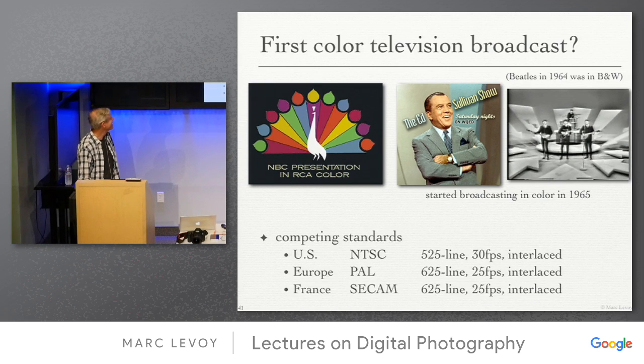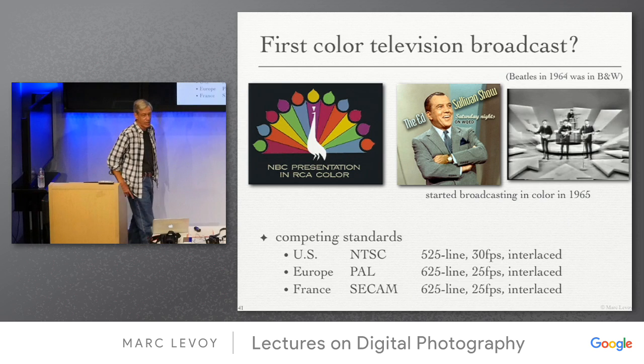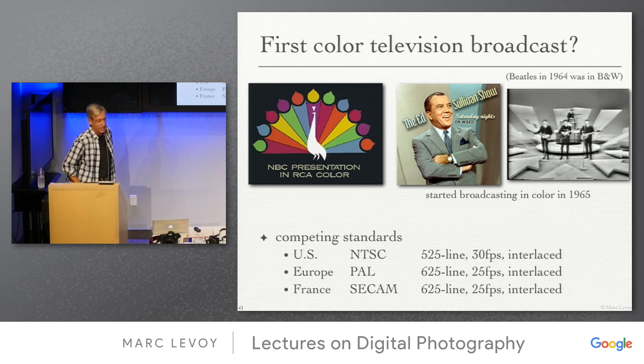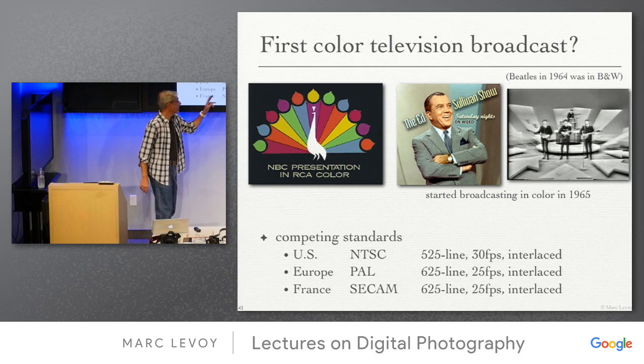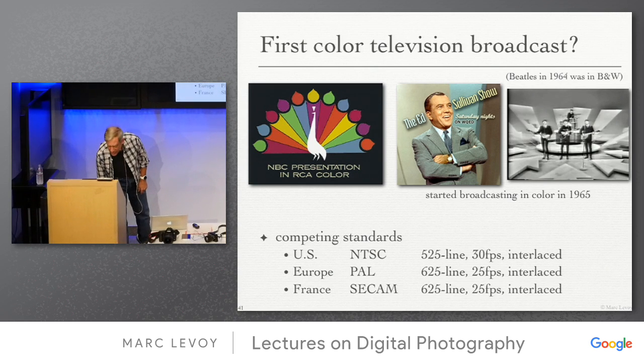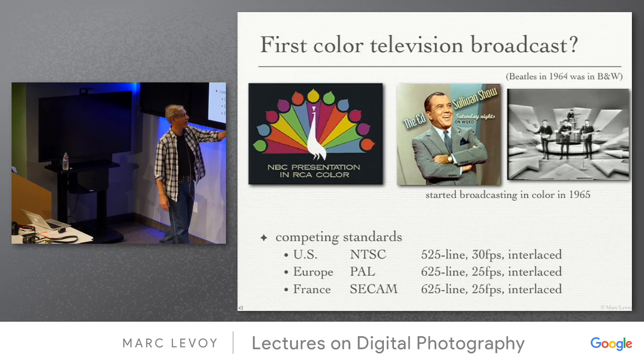All right. So there are competing standards for color television. The National Television Standards Committee, phase alternating line, I think is what that means, and sequential couleur mémoire.